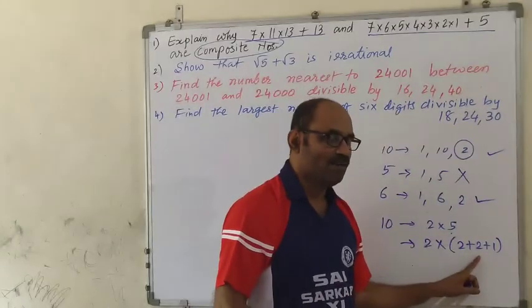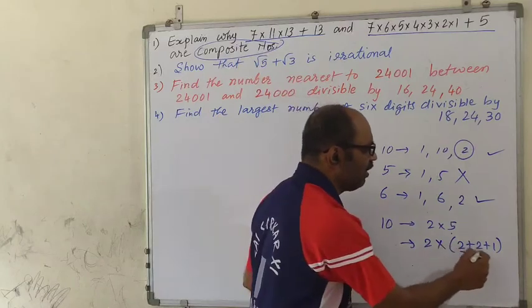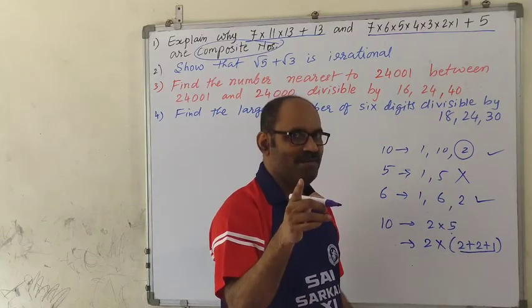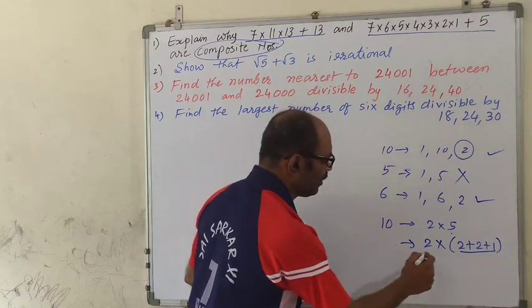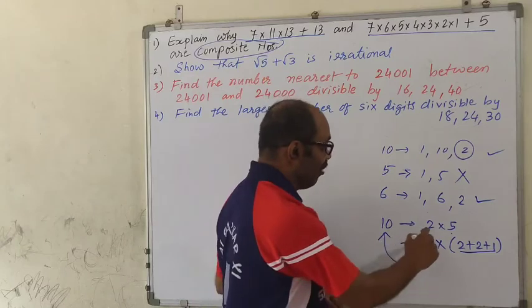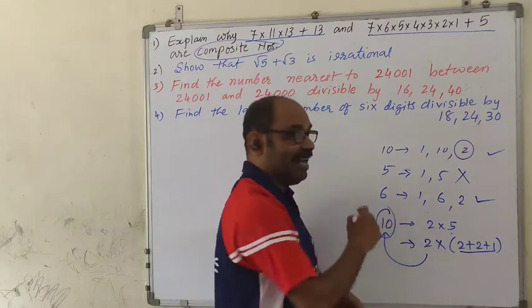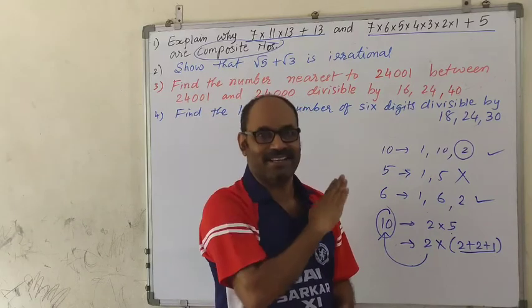What is 2 plus 2? 4. What is 4 plus 1? 5. Instead of 5, I am writing this. Do you have any problem in that? It's one and the same, 5. So you can say 2 is a factor of 10. 1 and 10 are there. Now you got the third factor. So you can say 10 is composite. We are going to use this trick here.